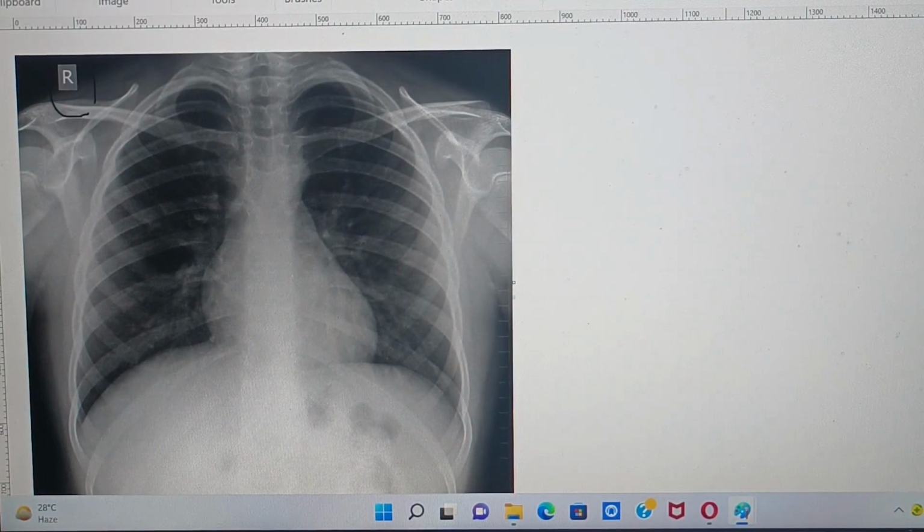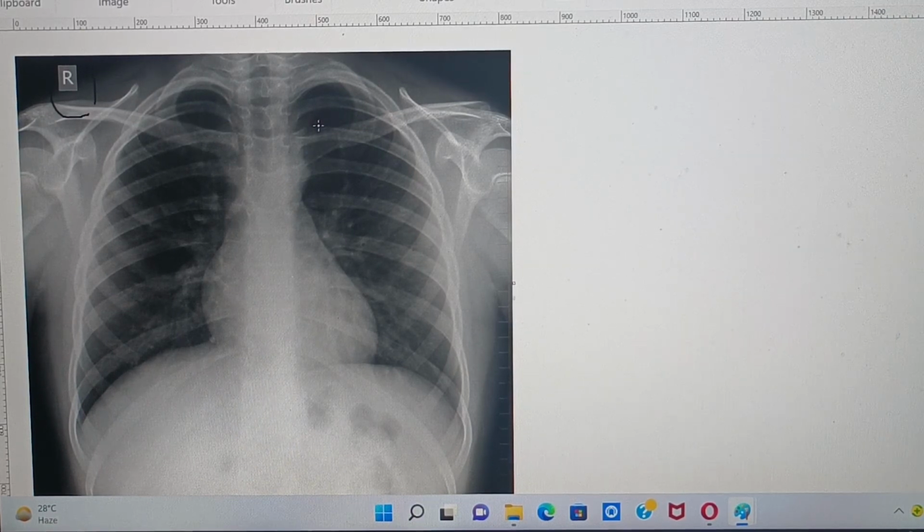Now coming to the side of the X-ray. Assuming the patient is in front of you, facing you, your left is the patient's right and your right is the patient's left. So your left is the right of the X-ray and your right is the left of the X-ray.